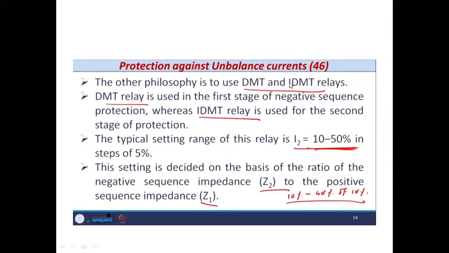The first stage of negative sequence protection is covered by this DMT relay, and the second stage of the unbalanced current protection is covered by the IDMT relays, that is inverse definite minimum time delay relays.